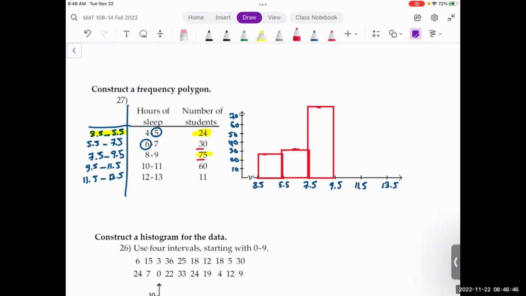Then 60, 60 is going to be somewhere here. So let's go up. And 11, you're going to be almost 10. So this is 11. Are we okay, guys, with this? So this is how you do the histogram. So she's right. I need to do the frequency polygon instead. Yes.